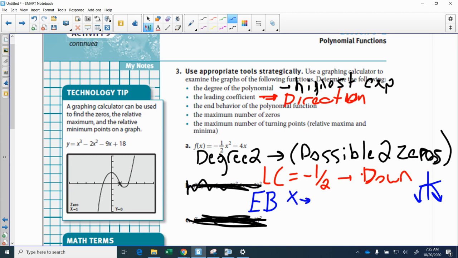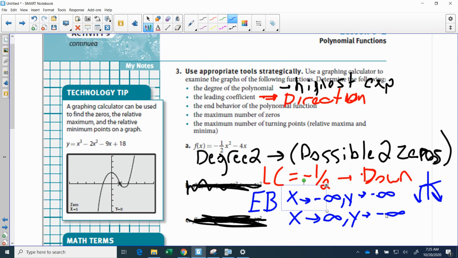Well, because they're both pointing down, as x approaches to the left, y is going to go down. As x approaches to the right, y is also going to go down, okay? So that's the key thing you want to understand: because of the leading coefficient and because I know the degree, I know it's an x squared, I know it's going to be pointing down, and so now I have that value given to me. I know what my end behavior is going to be.